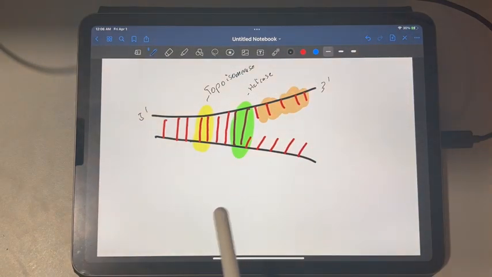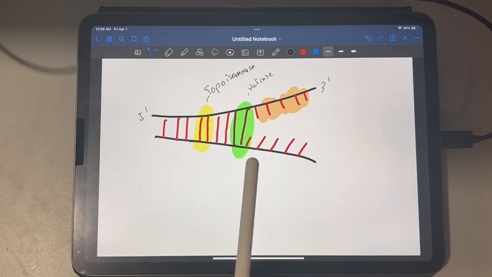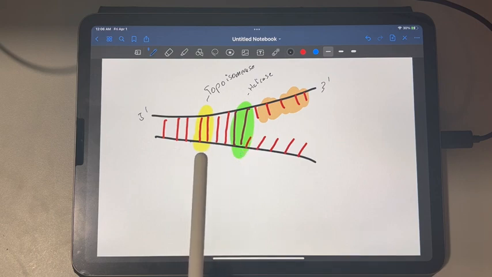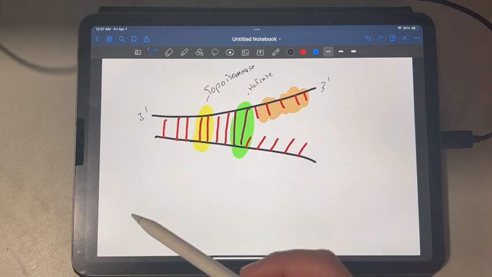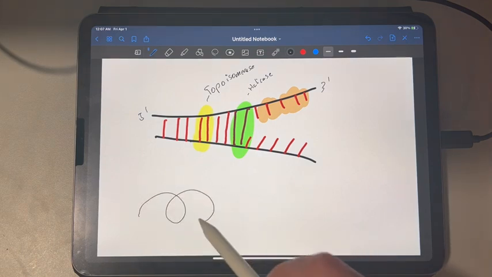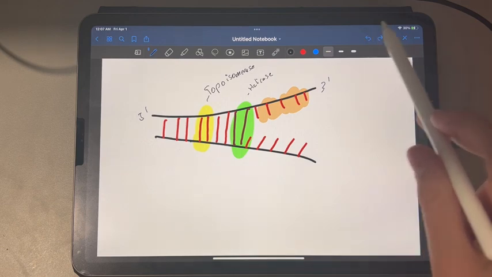Helicase is what unwinds the DNA, and that's the enzyme in green. And topoisomerase, the enzyme in yellow, relieves stress in the DNA, because otherwise, as it's being unwound, it will start to coil in on itself, and that's bad for the DNA.